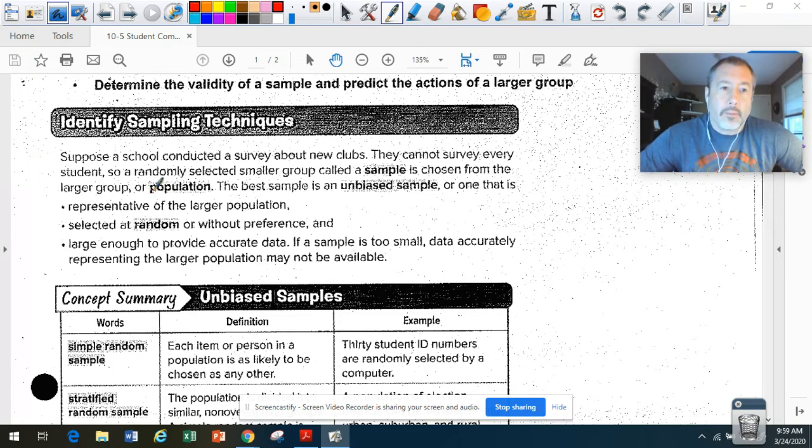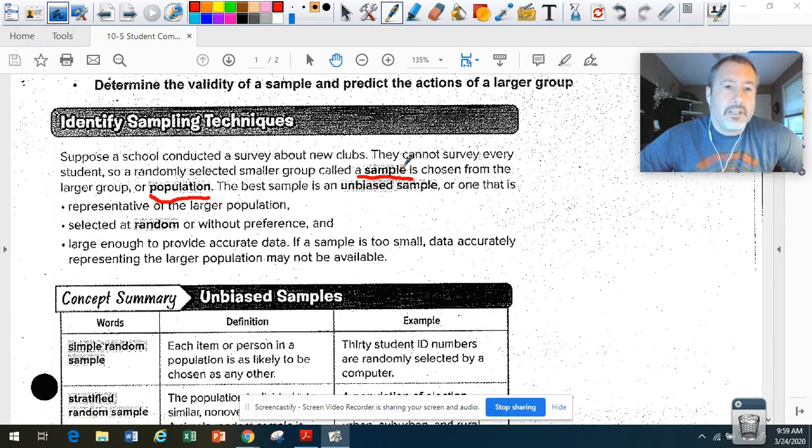It's the larger group. Now, we cannot survey all 1,200 kids, so we're going to pick some of these kids to sample and get their opinion on a new club, let's say. That group that we are choosing is known as our sample. That's the smaller group because we cannot survey everybody at Eden Hall.